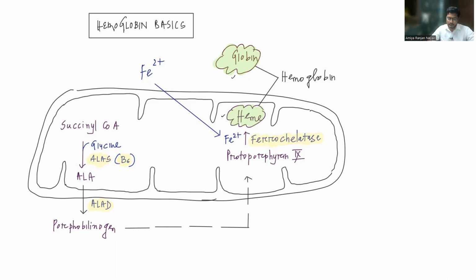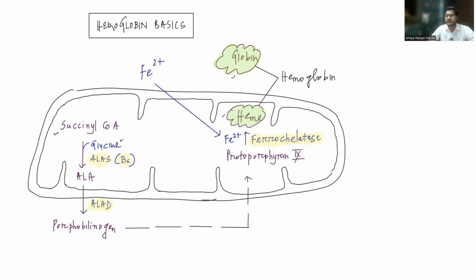Okay. Now, if you see the heme synthetic pathway, again, I will not go into the details of the pathway because it's slightly complex and it is not important at this point of time to understand all the steps. We'll discuss that when we study the porphyrias. So, if you see the pathway, it starts from the reaction between succinyl-CoA and glycine.